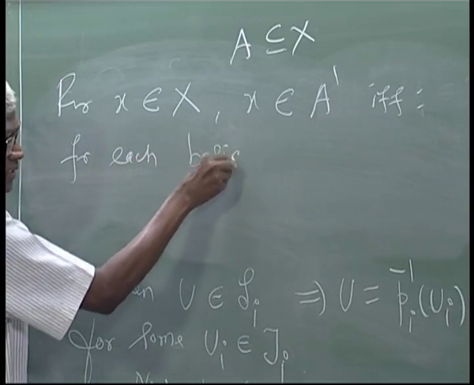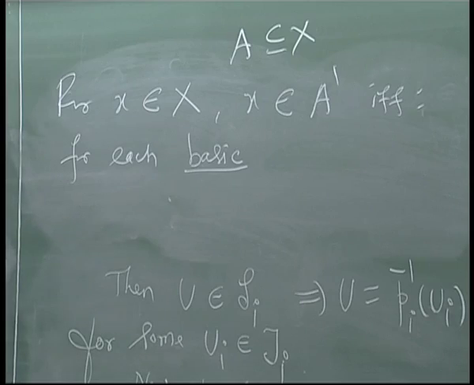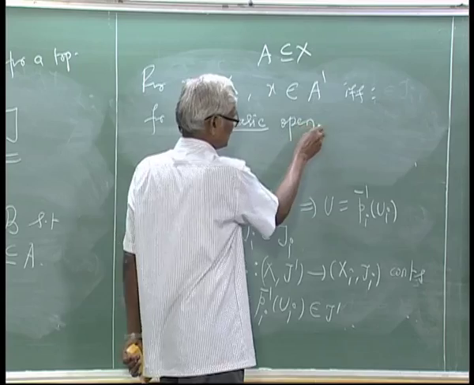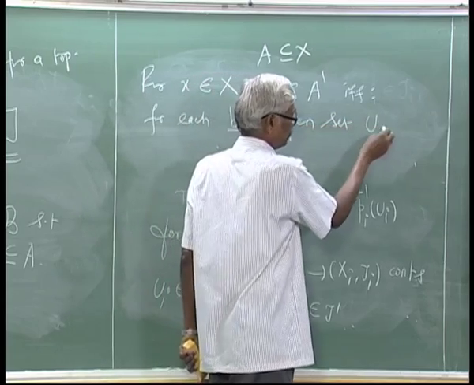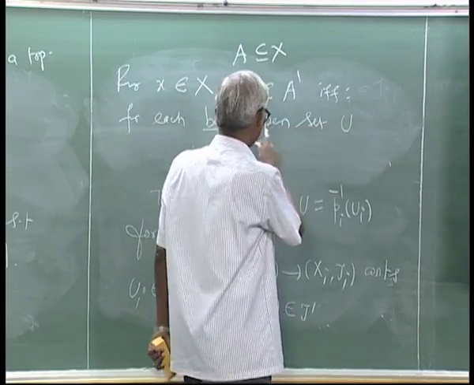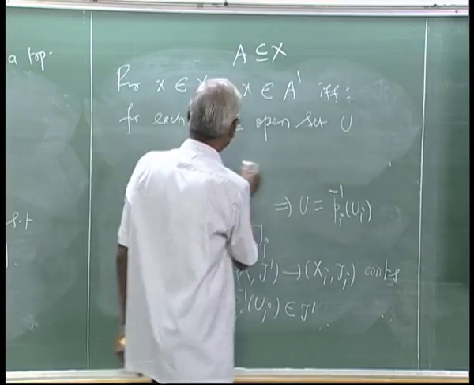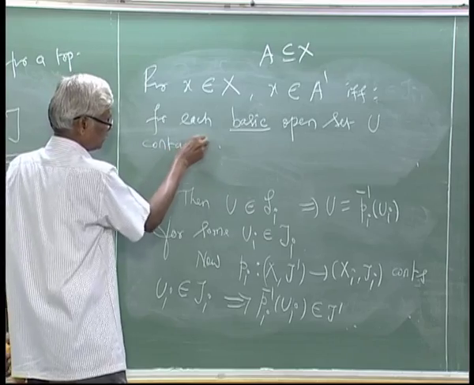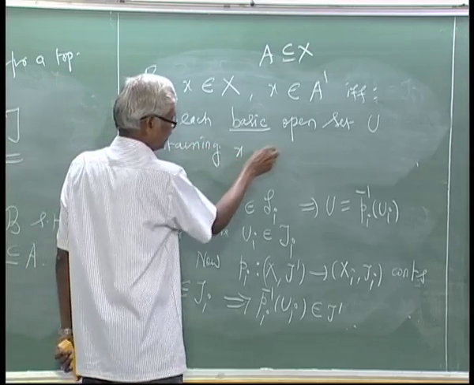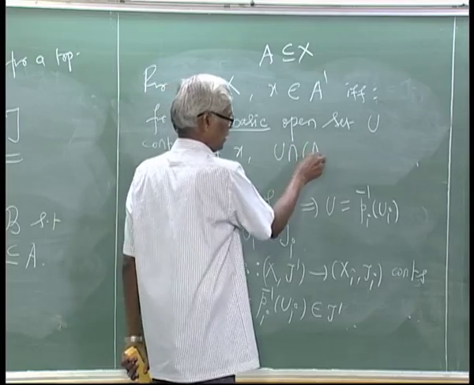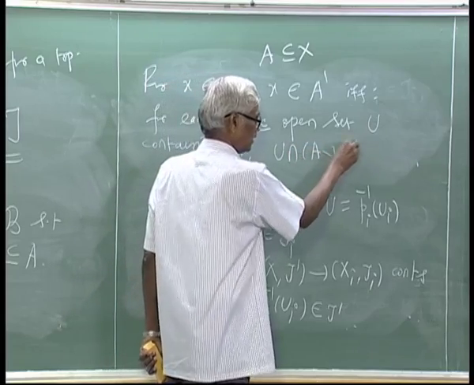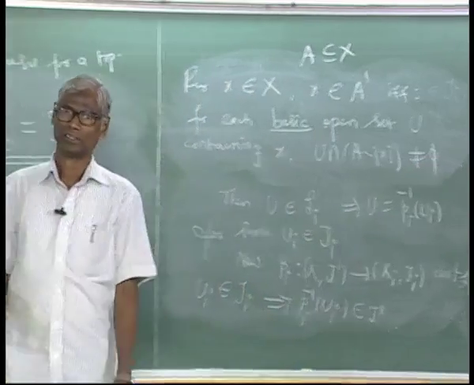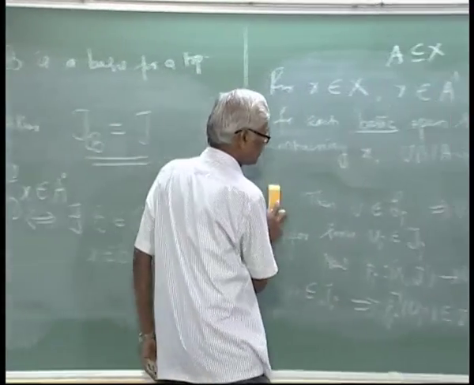What we want to stress is that it need not be for every open set, for each basic open set U containing X, U intersection A difference X is non-empty. It is enough to prove it for the smaller collection script beta.